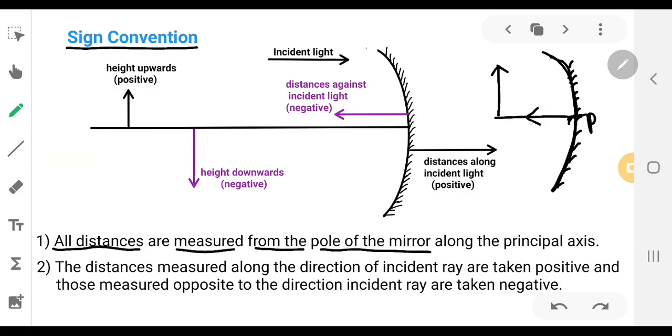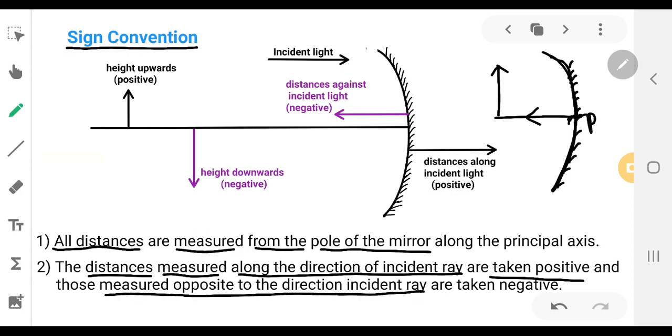So how to get the sign? The second point of sign convention is: distances measured along the direction of the incident ray are taken positive, and those measured opposite to the direction of the incident ray are taken negative.